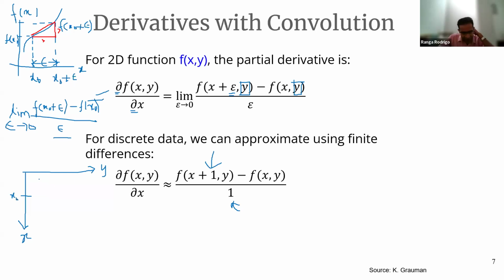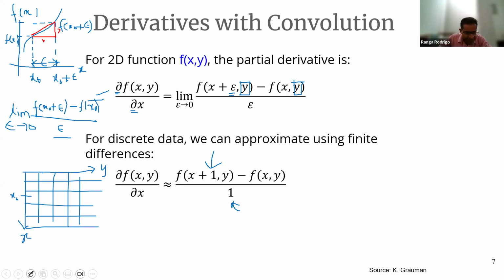Of course, the image has pixels, like these. So I have to locate x, and I need x plus one. For a particular y, we take x and x plus one, that is this pixel, and we multiply by these coefficients. So f(x, y)'s coefficient is minus one.